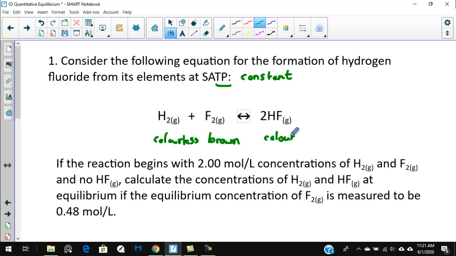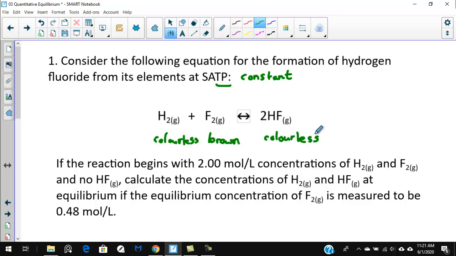We can gather that information by using lab equipment that can measure the intensity of the color, and we can convert that into a concentration.